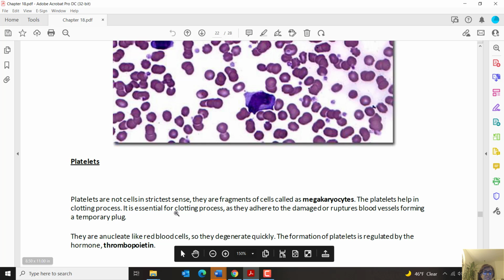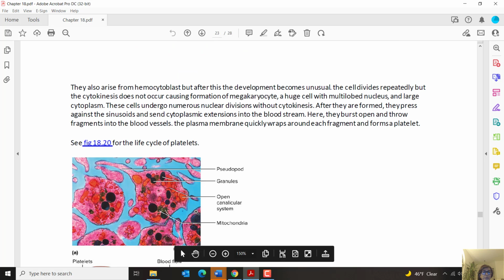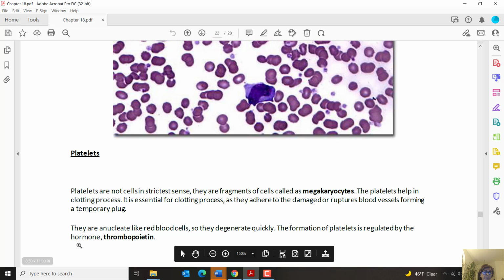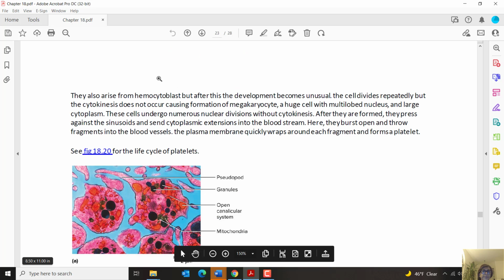It is essential for starting the clotting process, and people who don't have enough platelets, called thrombocytopenia, can easily bleed. These are anucleate, they degenerate very quickly, and the formation of platelets is regulated by another chemical called thrombopoietin, again produced by injured cells.